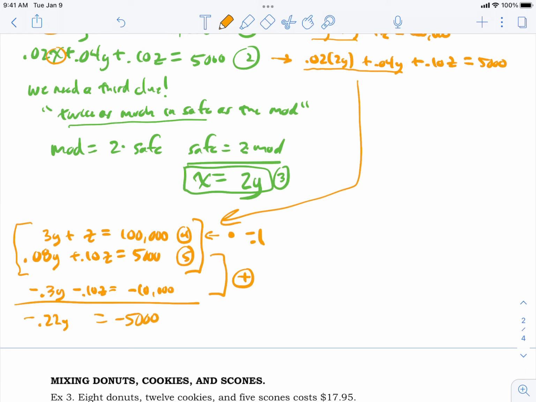So if you divide both sides by the negative 0.22, you're going to get a positive. 25,000 divided by 0.22, I'm getting $22,727.27. Yep, there's Y.